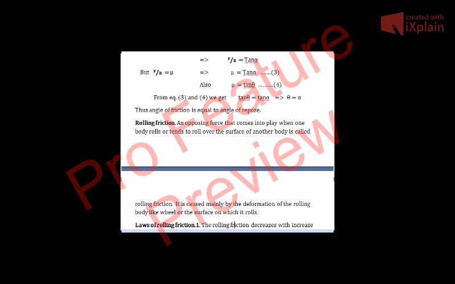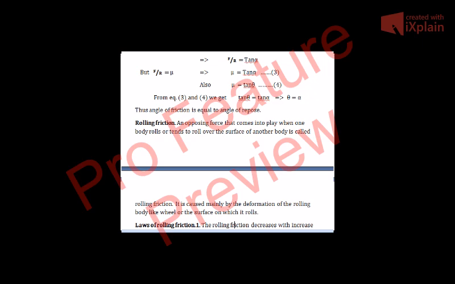Similarly, the cause of this rolling friction is mainly due to the deformation of the rolling body, like a wheel, or the surface on which it rolls.